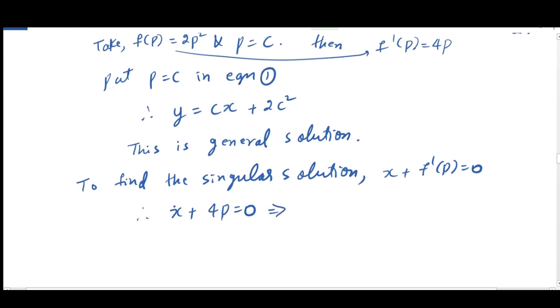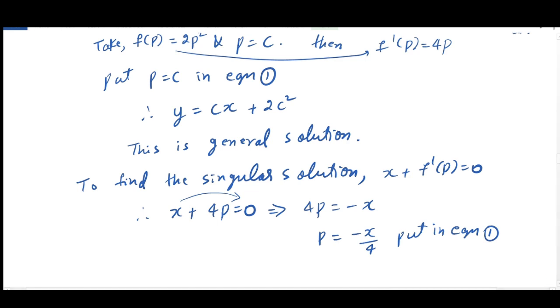Let us find this. That implies I will bring x on this side, so it will become 4p is equal to minus x, and here p will become minus x by 4. So we'll put this in the general equation in 1.